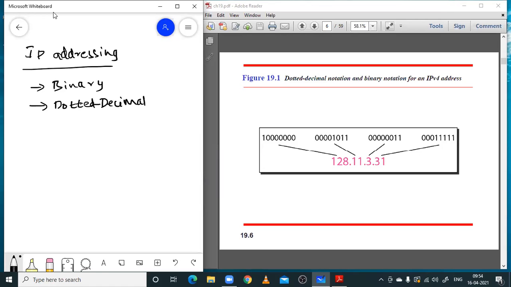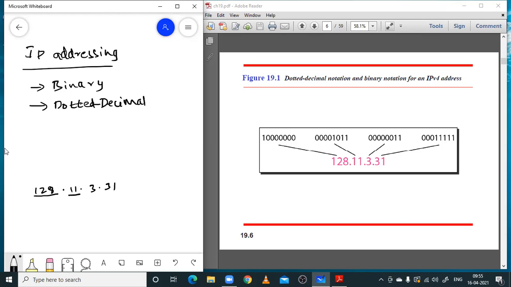Let us say we have an IP address, which you are able to see on the screen: 128.11.3.31. This is the dotted decimal representation. The 32 bits are divided into 4 octets.